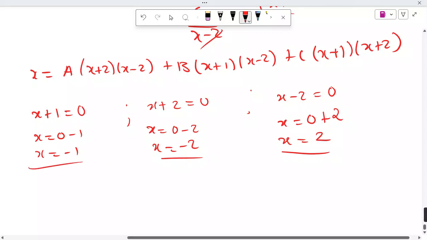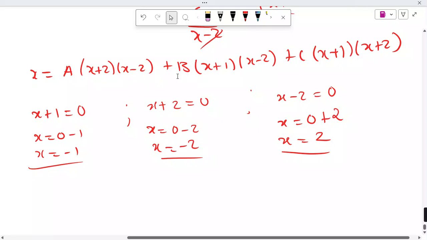So you have these values for x, and you can substitute now. You start with x equals negative 1 and substitute it everywhere, then you get the answer. But that will be a lot of writing, so the shortcut is this: x plus 1, when it is 0, the value of x is negative 1. Let's look through this equation. Which one has x plus 1?